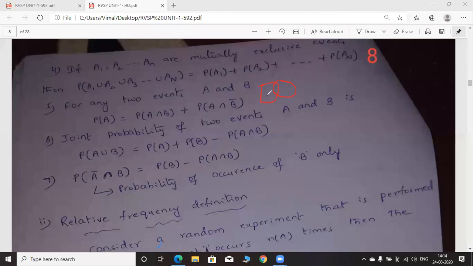Only A. What is the portion to indicate only A? I am shading the A region. Probability of occurring only event A. The shaded portion indicates the event A.